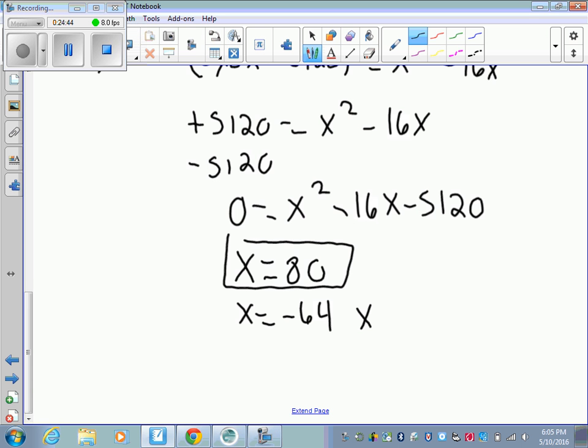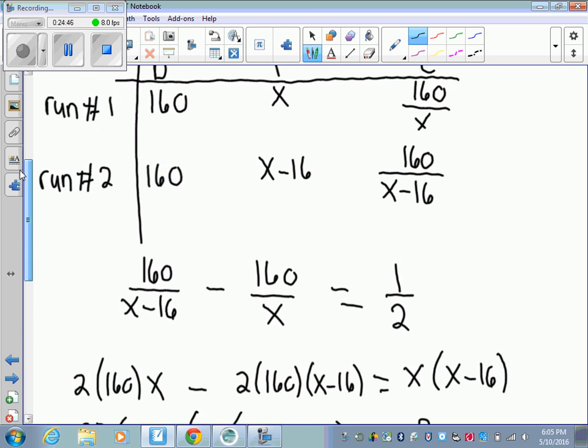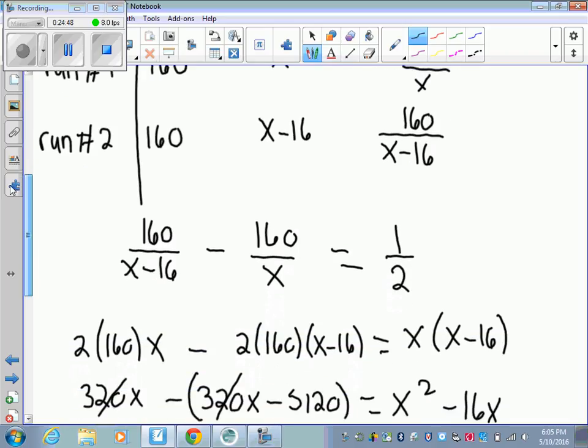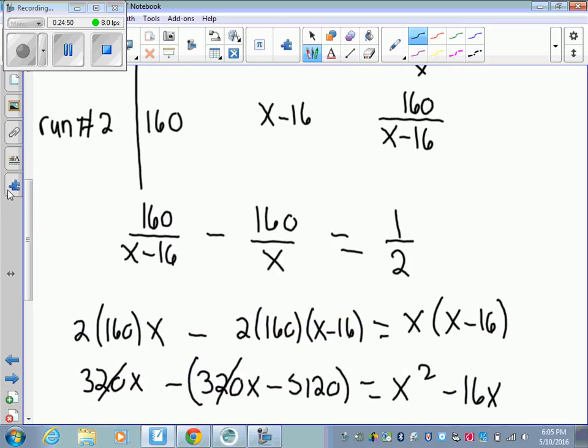Let's see if it makes sense. Let's just see. If his speed was 80, we would be doing 160 divided by 80 subtract 16, so 64. 2.5 hours on run 2, subtract 2 hours, because 160 divided by 80 is 2, gives me a half an hour.